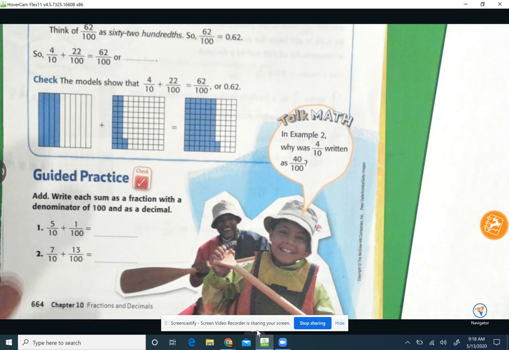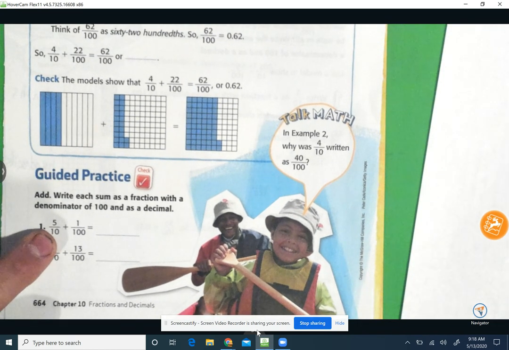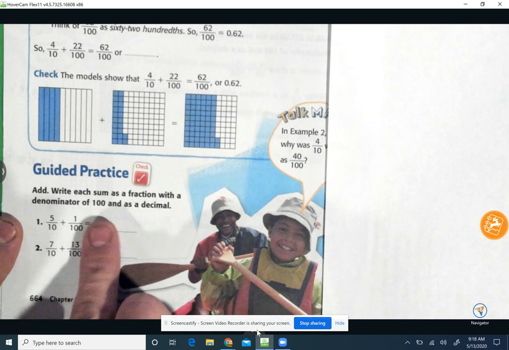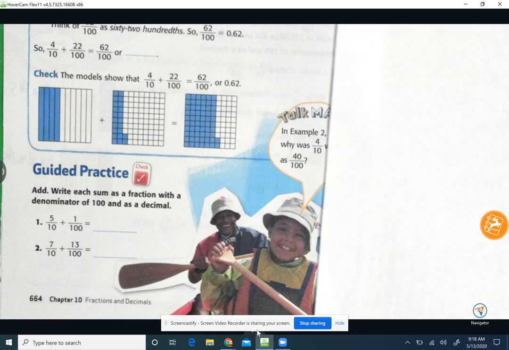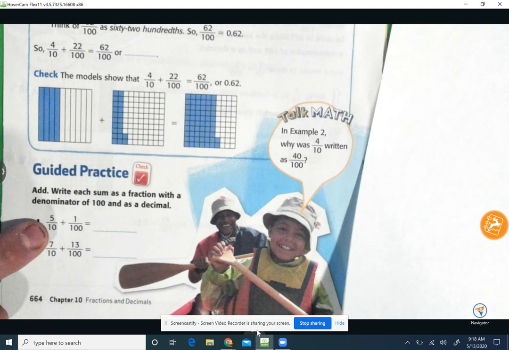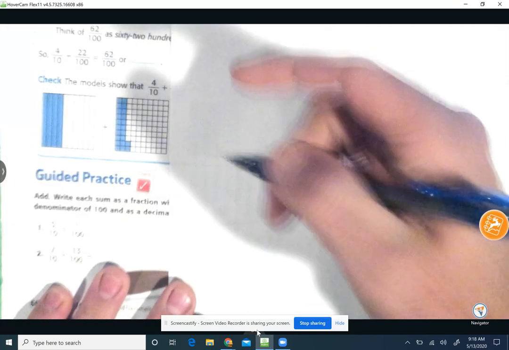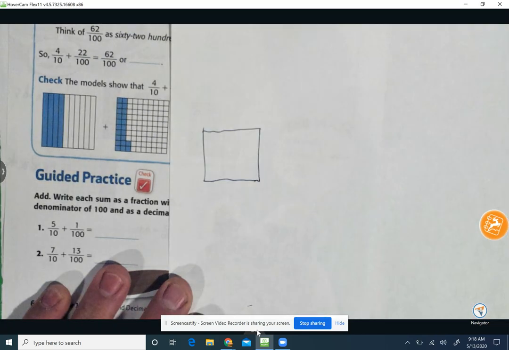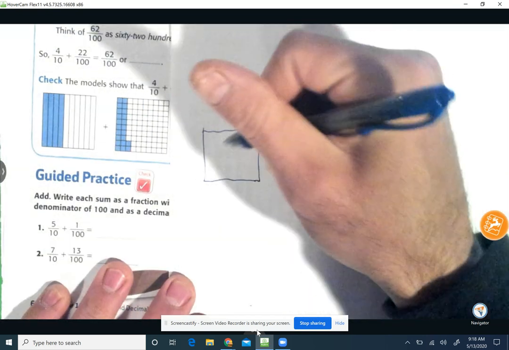So here we have 5/10 and 1/100. Okay, for right now we can just set 1/100 aside, and we need to work with 5/10 as we need to change 5/10 into a fraction with 100 as a denominator.